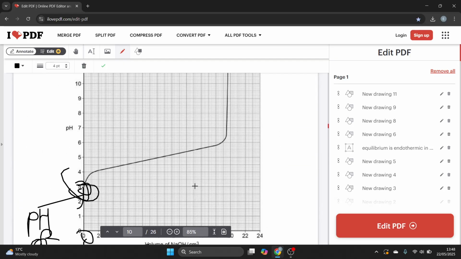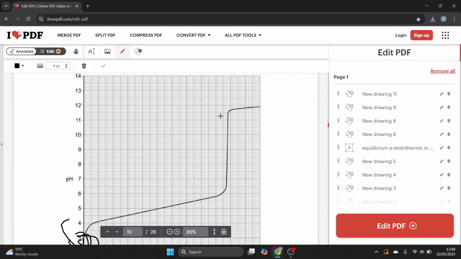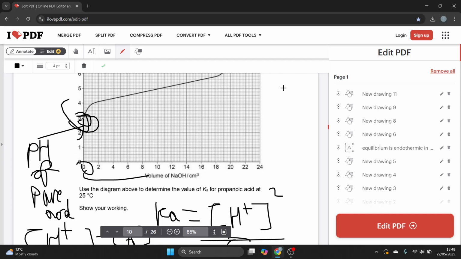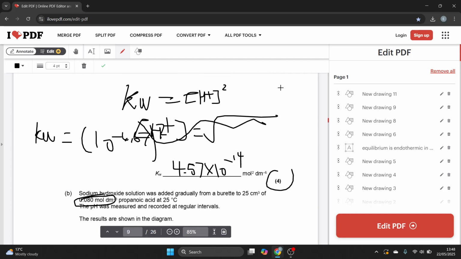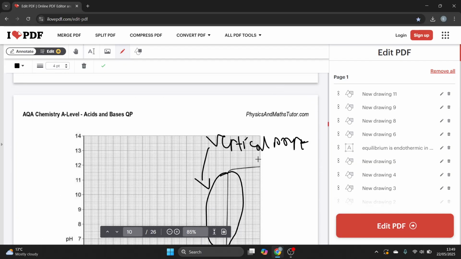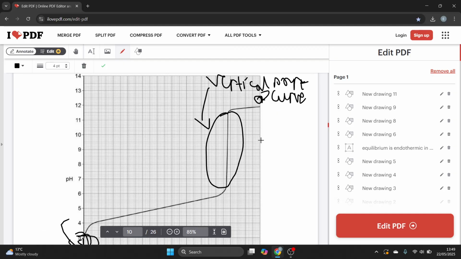So if you go back here, we can see this is the vertical part of the curve. Right, so what does it go from?